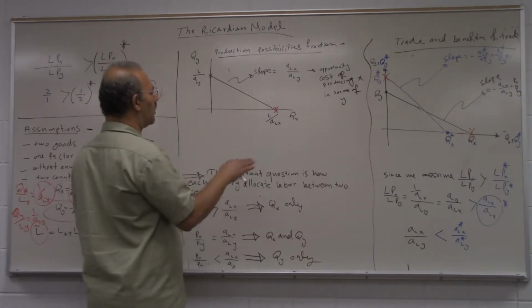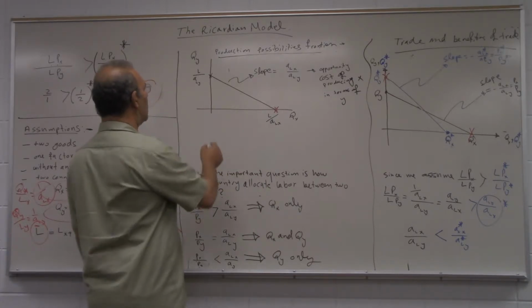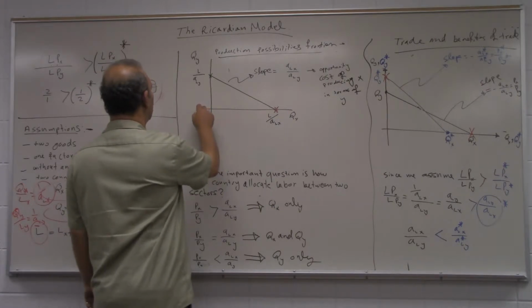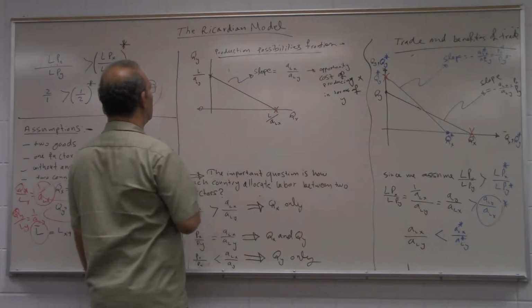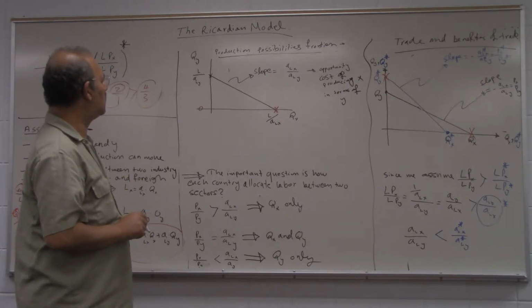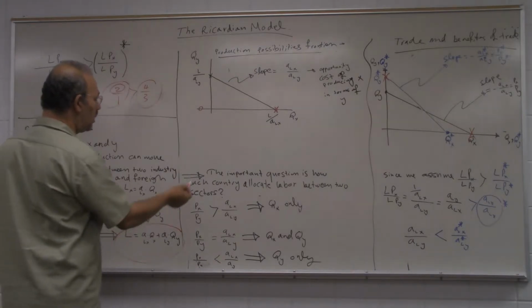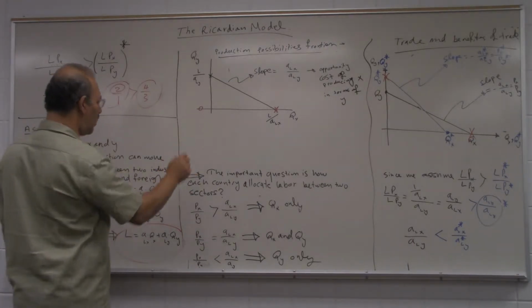That means on the horizontal axis, the quantity from good Y is 0. Therefore, we use this equation to derive this point.